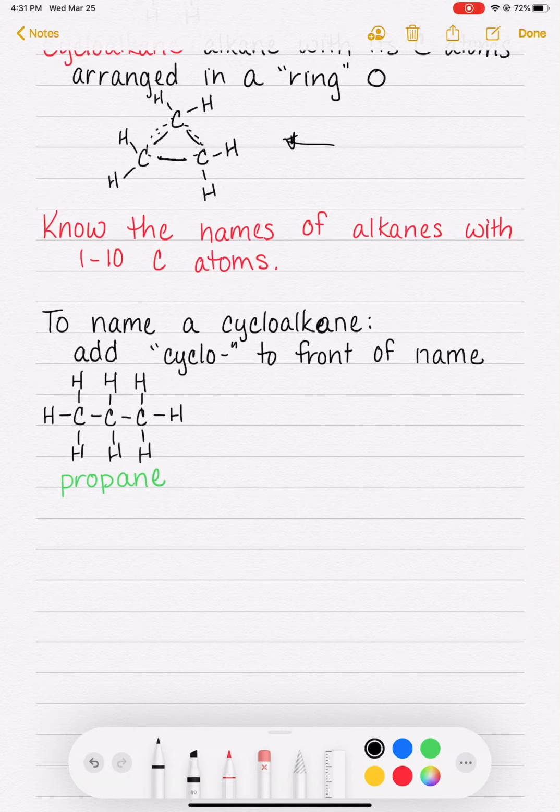So now, if I drew this molecule and I asked you to name it, you wouldn't be able to find this molecule on table 12.1 because it's not there. But what instead you would do is ask yourself, how many carbons are there? This molecule has 3 carbons in it.